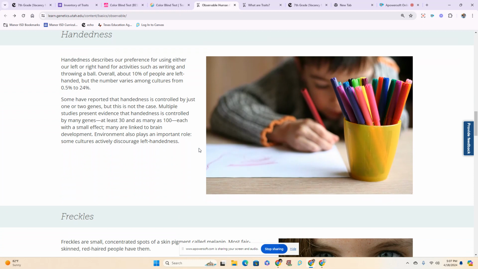Multiple studies present evidence that handedness is controlled by many genes, at least 30 and as many as 100, each with a small effect, many linked to brain development. Environment also plays an important role. Some cultures actively discourage left-handedness.